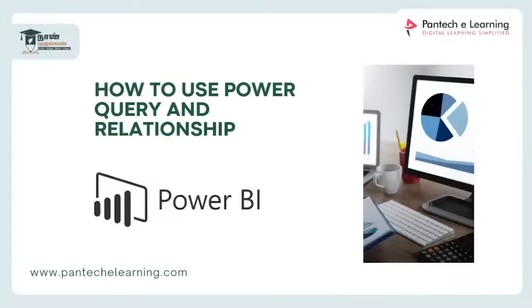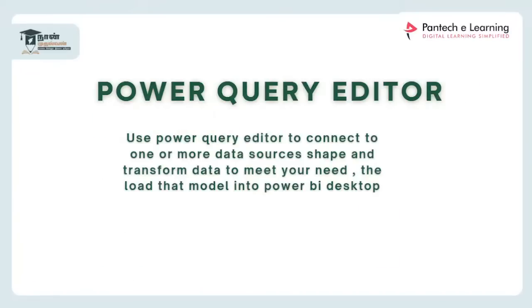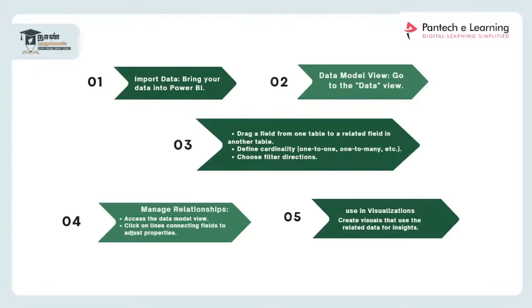The Power Query Editor also maintains the relationship between the columns. It is used to connect to one or more data sources, shape and transform data to meet your needs, and then load the model into Power BI Desktop. We already know this, it is not a different concept. There are 5 steps, which means 5 kinds of functions. First, we import the data into Power BI, and we can see the views like model view, table view and report view.